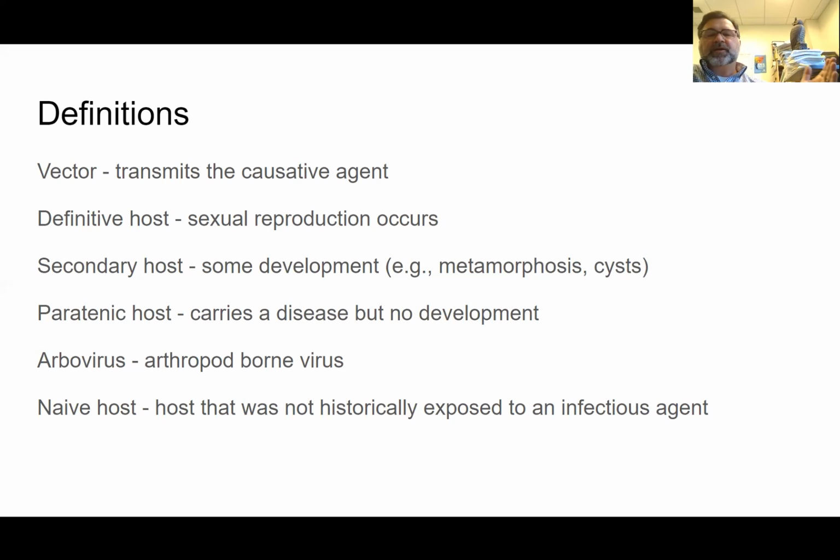So it can be within the taxonomic area, so within birds, or it could jump completely into a new taxonomic area. For example, when influenza jumps from birds into people, okay, it can be very deadly.